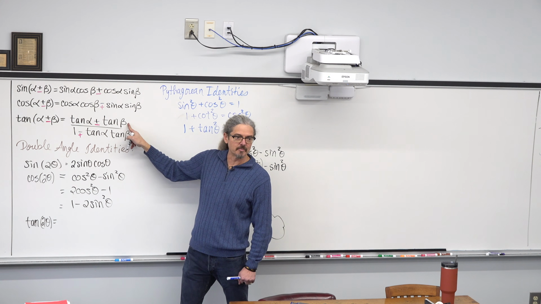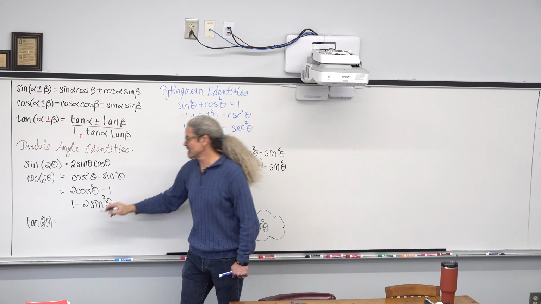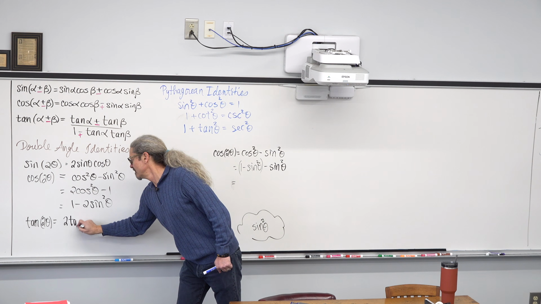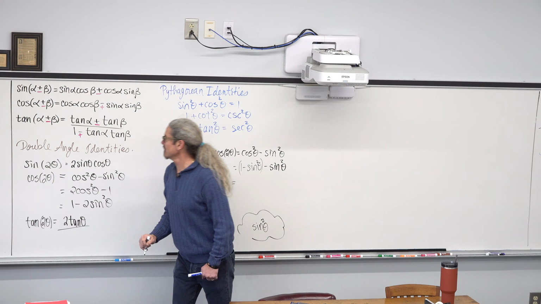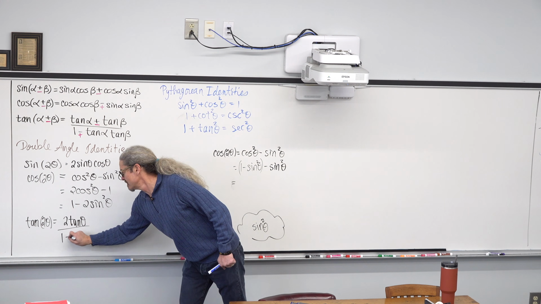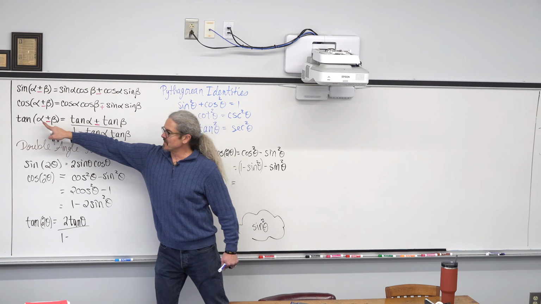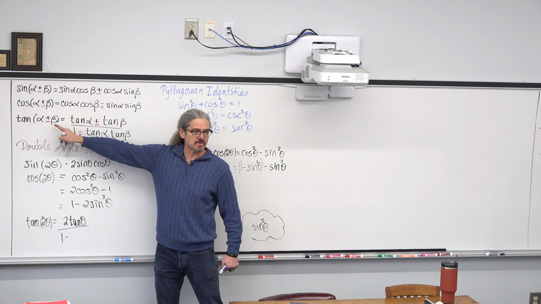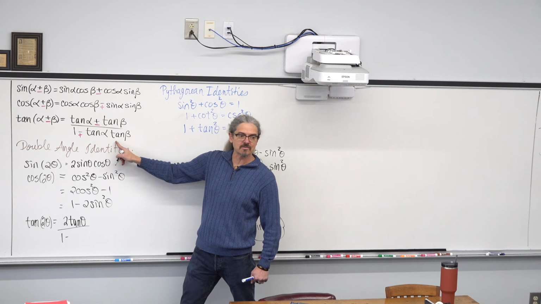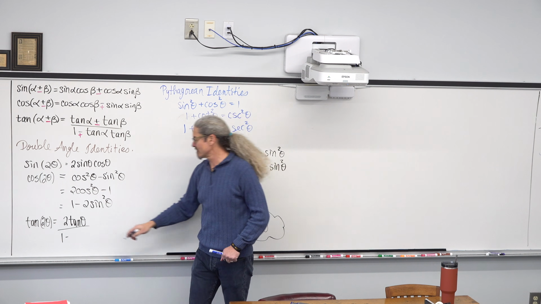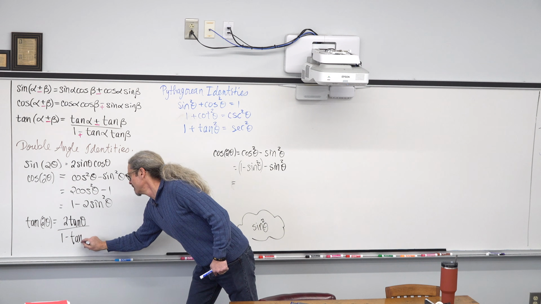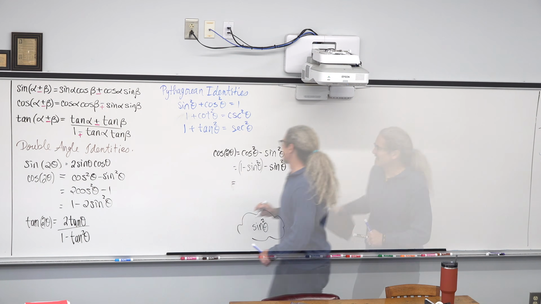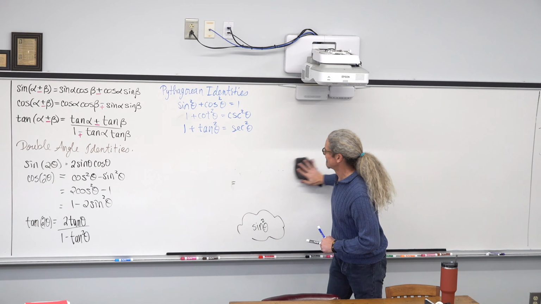So what's our numerator going to be? 2 tangent of theta over 1 minus. Again, if this is theta plus theta, if these angles are the same, it's tangent theta times tangent theta, or tangent of theta squared. Bam! Nice.